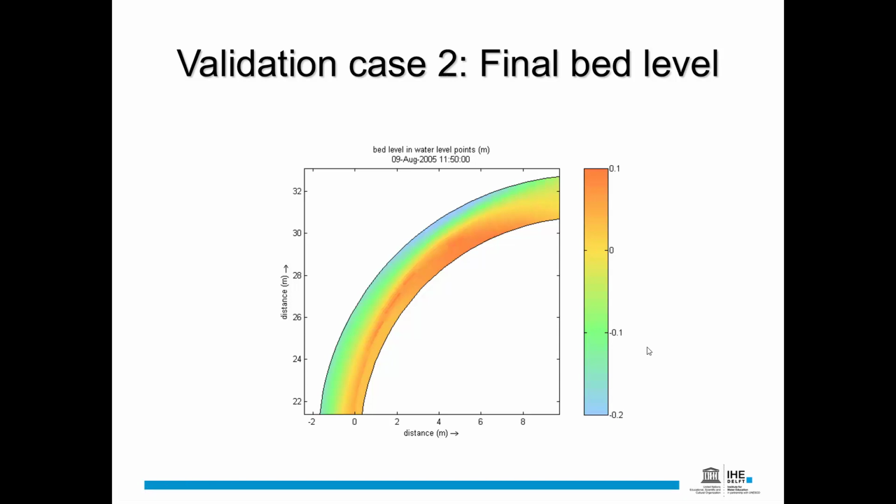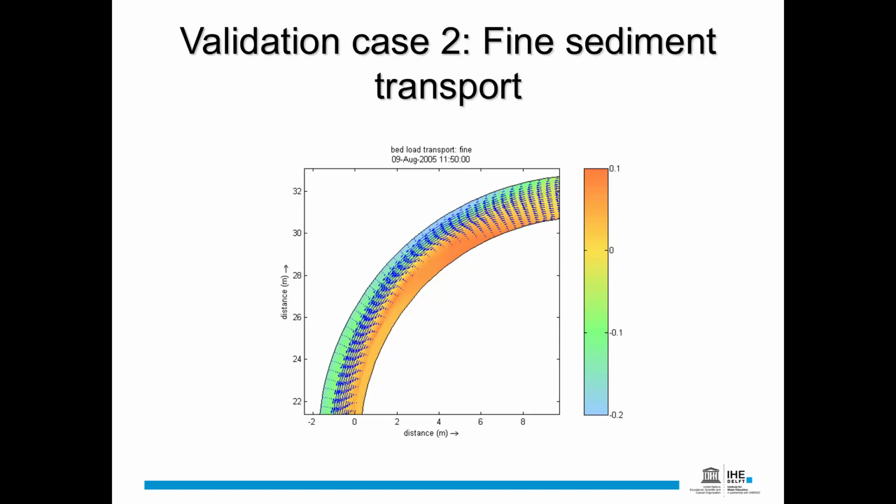In this validation case, they also looked into the changes in the bed level elevation, because now we have a spiral flow as well, and then the bed level changes may be different in the inner bend and outer bend. Also the sediment transport for fine sediment and coarse sediment is pretty different because of the shape of this curved flow.